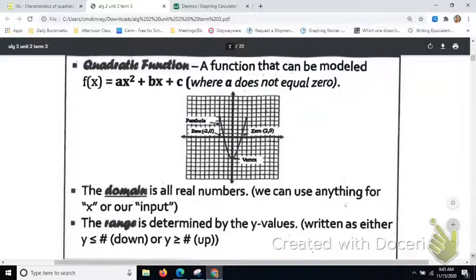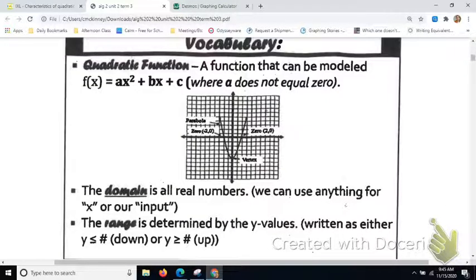So there's our function, and remember that we said f of x and y, that equals the same thing. So that really is the same thing we just wrote. You see the parabola, and then the vertex is marked, and then the places where it touches the x-axis, those are called the zeros.